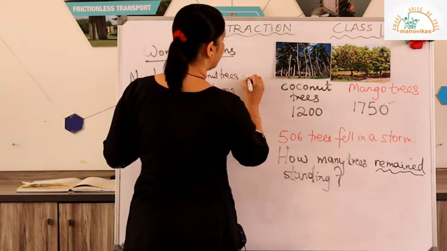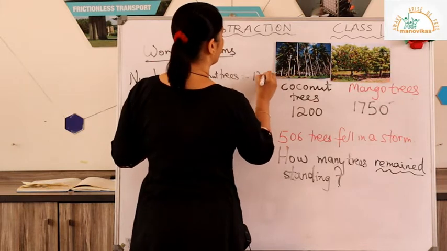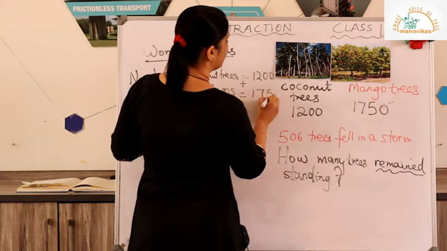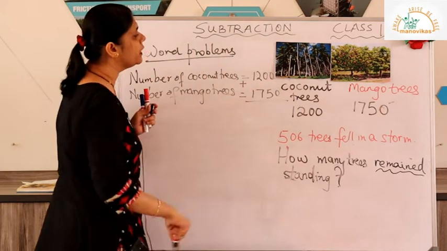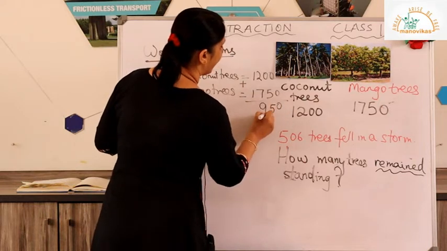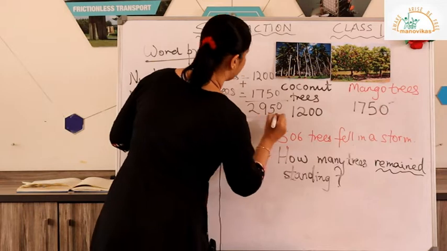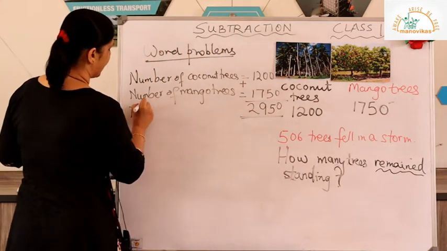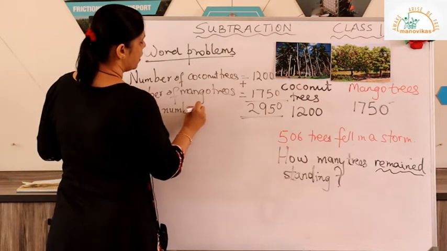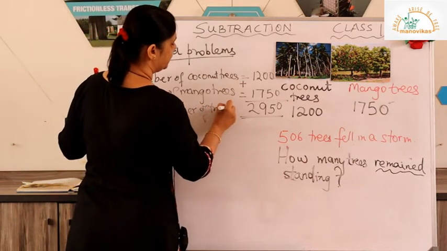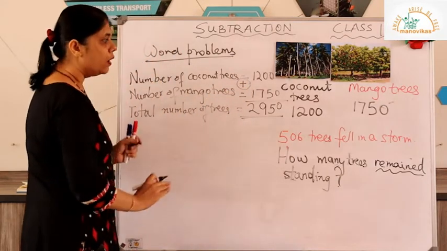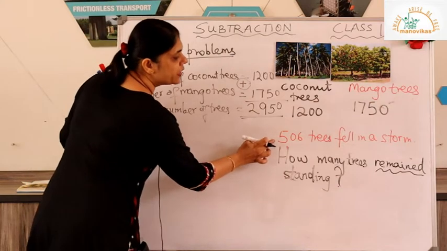How many are there here? 1200 plus 1750. So first add this for me, children. What is the answer? 0, 5, 9 and 2. So these many total number of trees were there in the farm. Total number of trees, right? And what have we done for this? We have added.